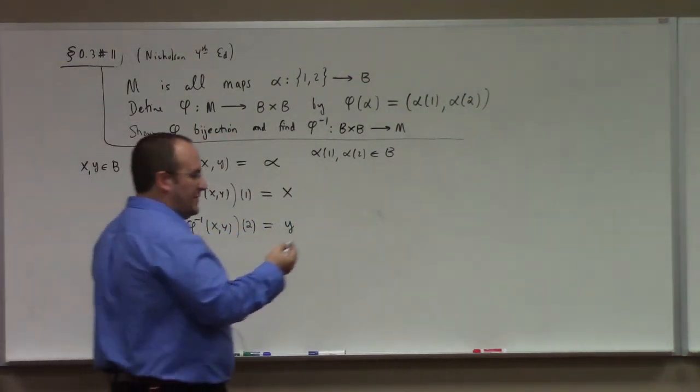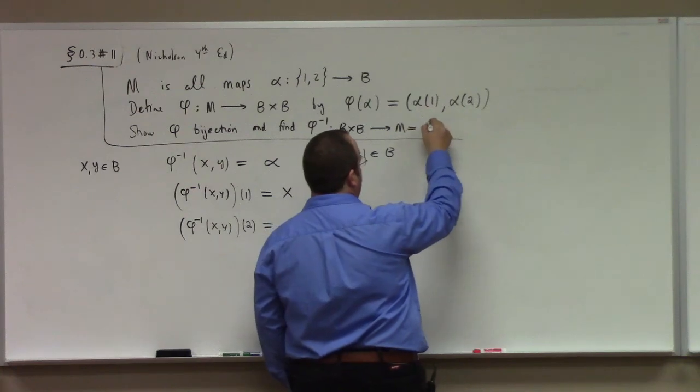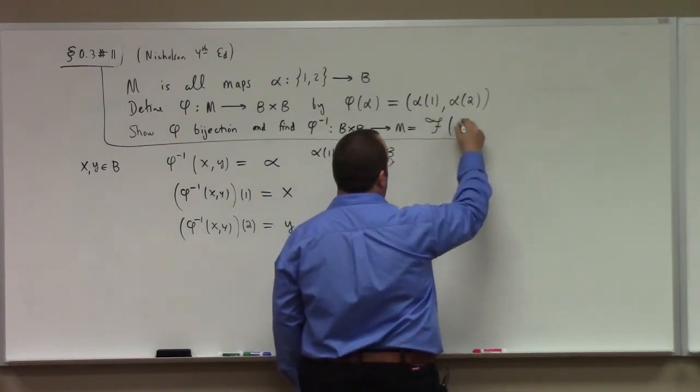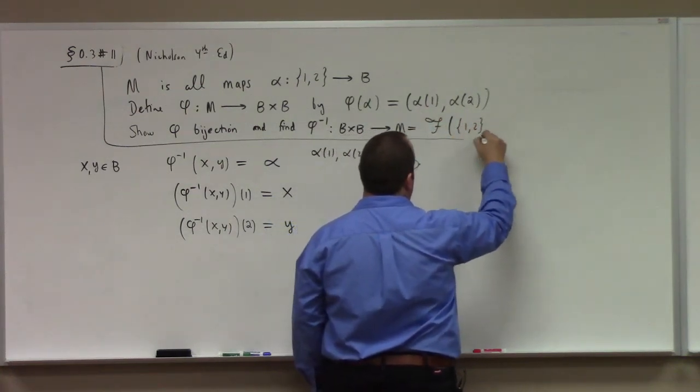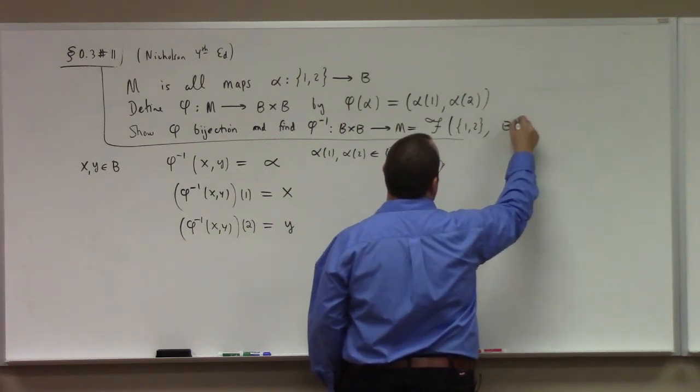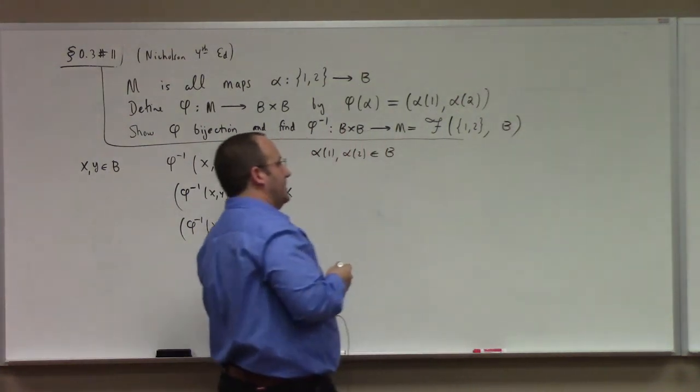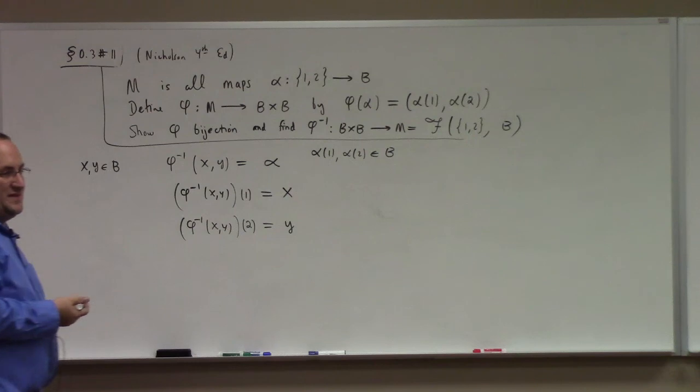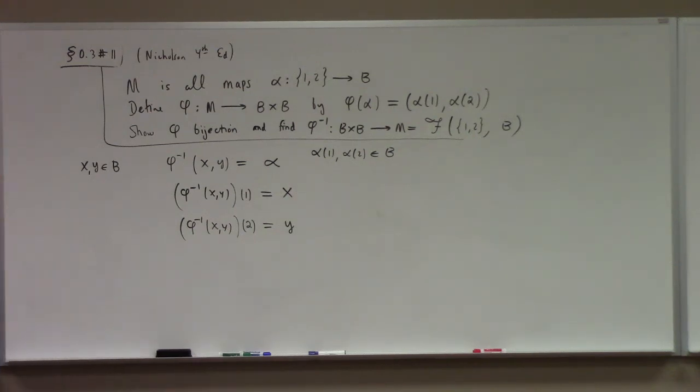I like to use the following notation, by the way: M is functions from {1, 2} to B. Sometimes it's helpful to have a notation for the set of functions from one set to another. B is just out there. That makes sense.